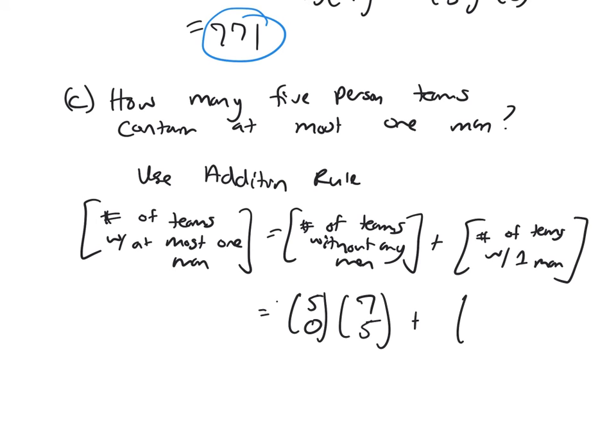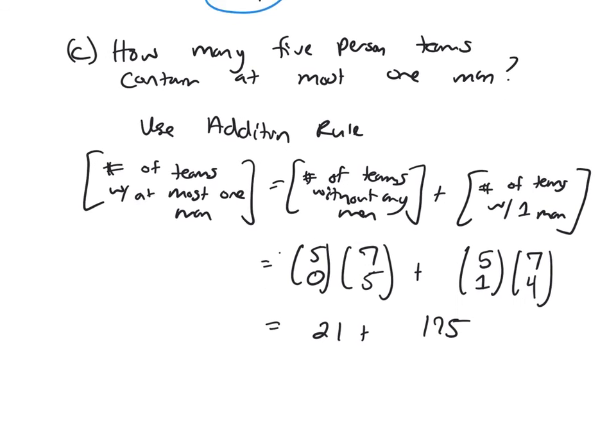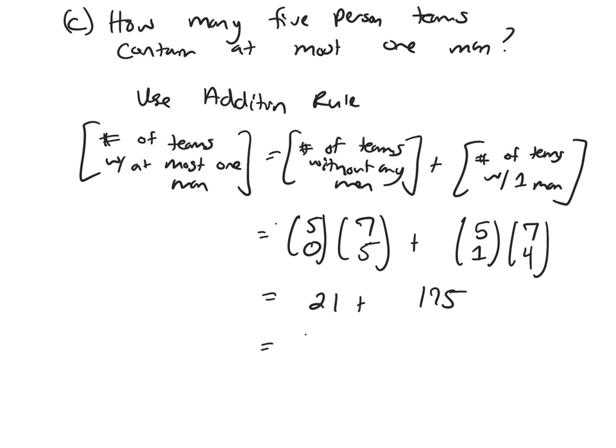Here, I'm choosing one man, so out of the 5 men, I'm going to choose one of them. And then out of the 7 women, I'm going to choose 4 of those. So this first one would be 21. The second one would be 175. If you add them together, you should get a total of 196. So there are 196 of these 5-person teams that contain at most one man.